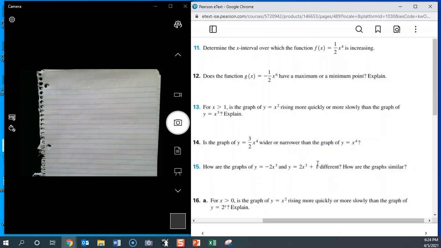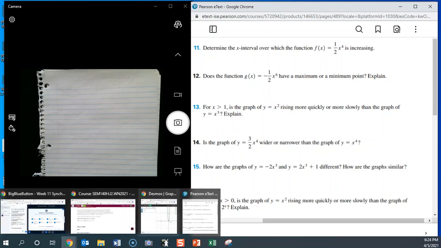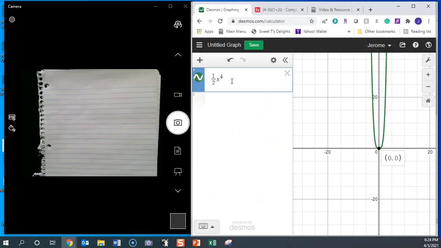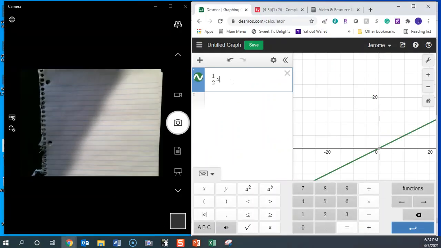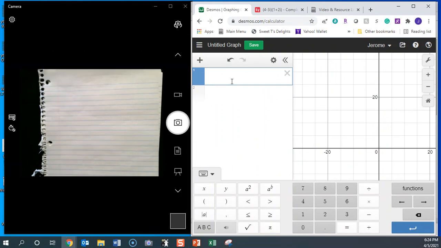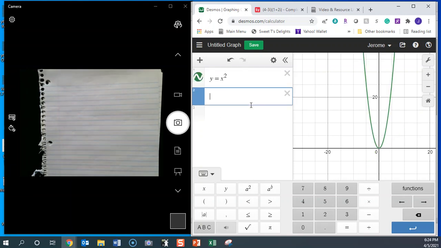Okay, for x greater than 1, which one is rising more quickly? y equals x squared or y equals x cubed? So let's go to our graphing calculator so we can get a visual look at this. So we know we had y equals x squared, and then we have y equals x cubed.